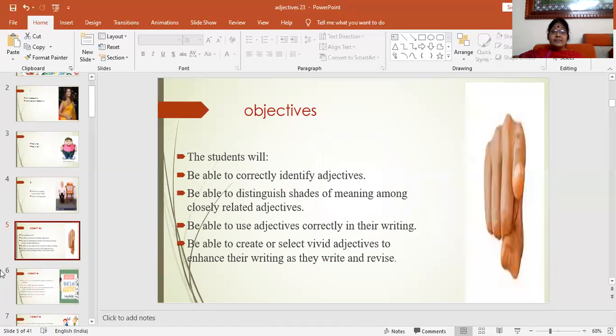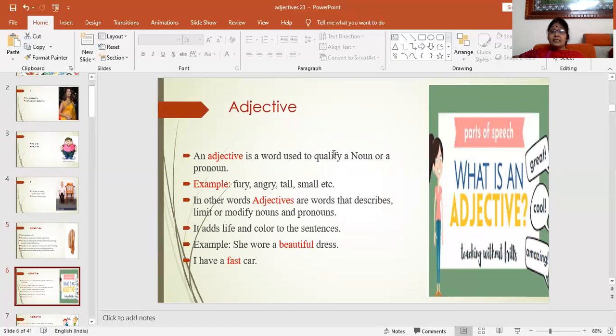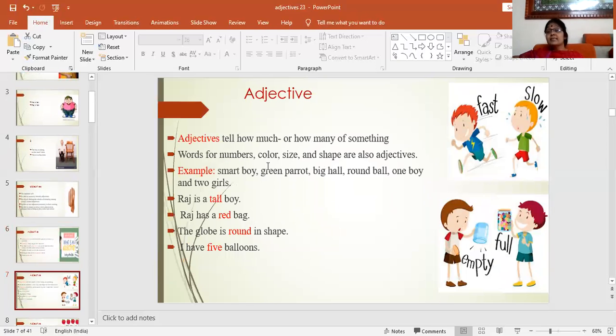So, what do we understand? That adjectives are words that are used to qualify a noun or a pronoun, right? Example, she wore a beautiful dress. I have a fast car. And adjectives tell us how much or how many of something, or say, I have 5 balloons. The globe is round in shape, or Raj has a red bag, or green parrot, big hall.